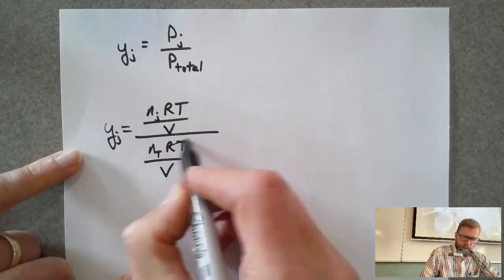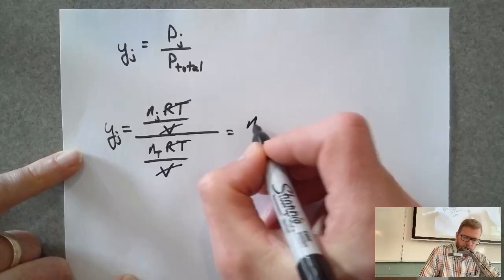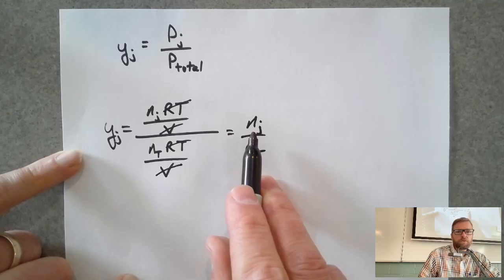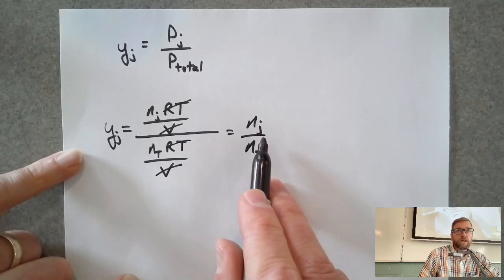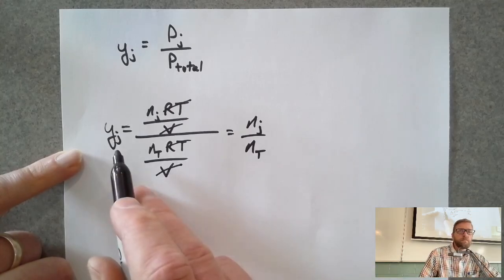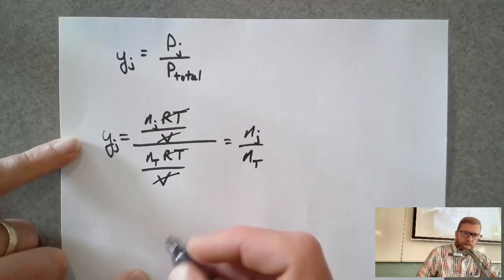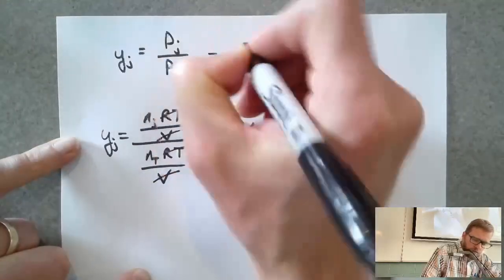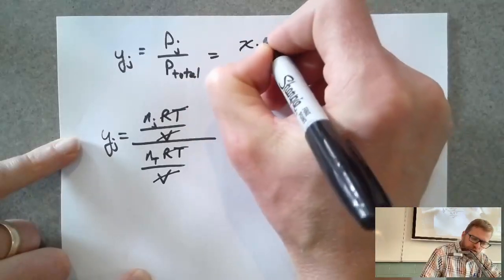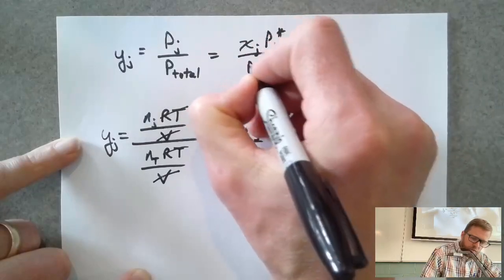The RTs cancel, the V's cancel, and I'm left with Nj over Nt. This is the number of moles in the gas phase of component J divided by the total number of moles. So that is the gas phase mole fraction. Well, if I substitute in Raoult's law, Pj is just Xj Pj star over P total.